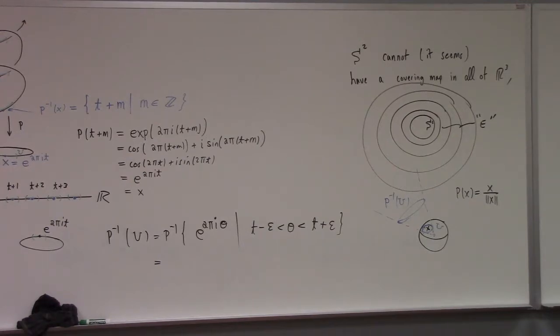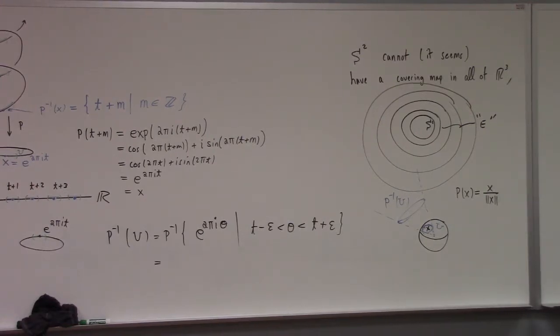Say again, Kang? You said that there's still... I mean, those sets are still homeomorphic to U. You mean this slice that I drew, or do you mean the entire cone? I mean, each slice that you have, the intersection of the cone with the sphere of radius, whatever that is, just to be specific.